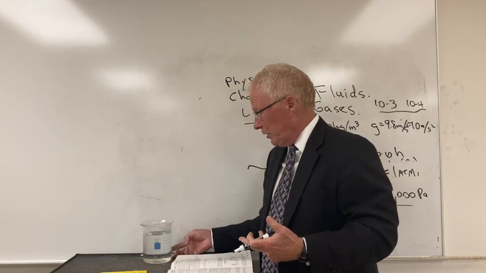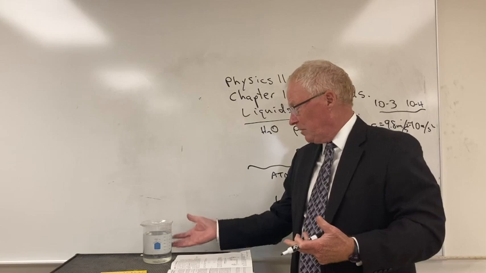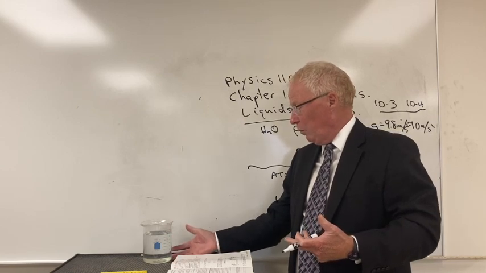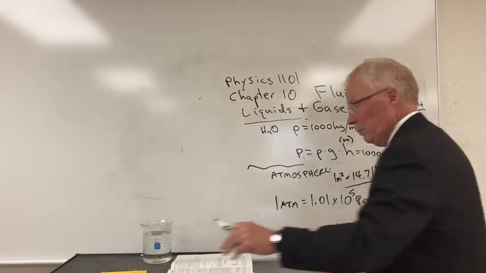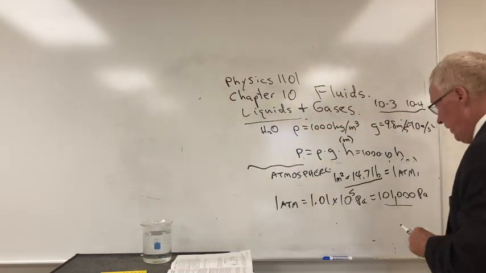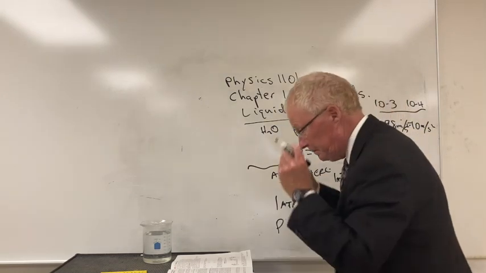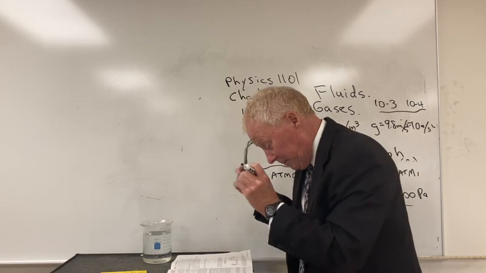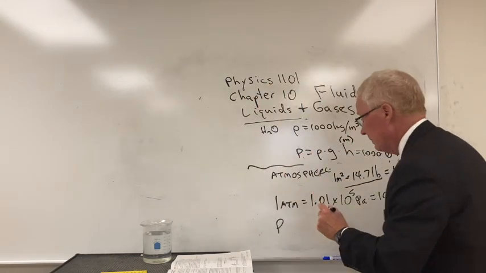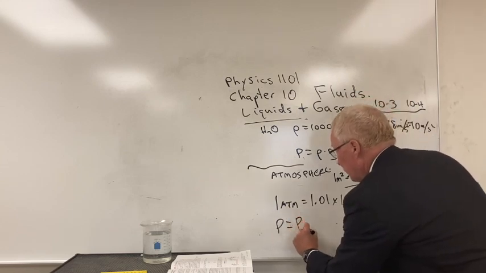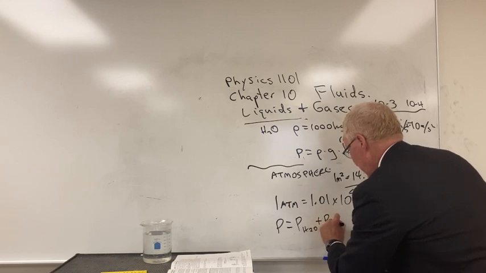Then the actual pressure on this thing is this 1,000 pascals from being down 0.1 meters plus the weight of the atmosphere above it. So the actual pressure is going to be P of H2O plus P of atmosphere.